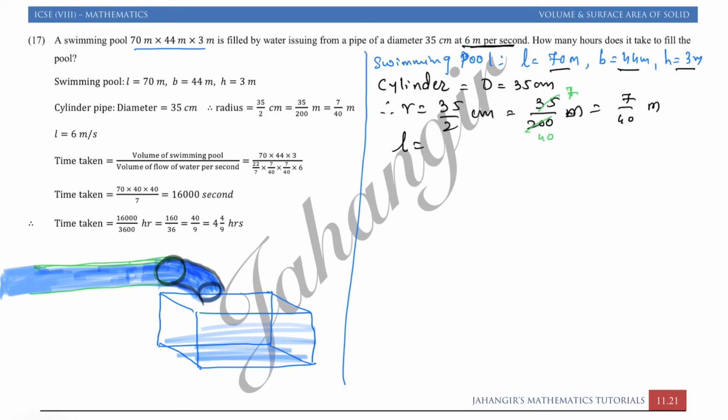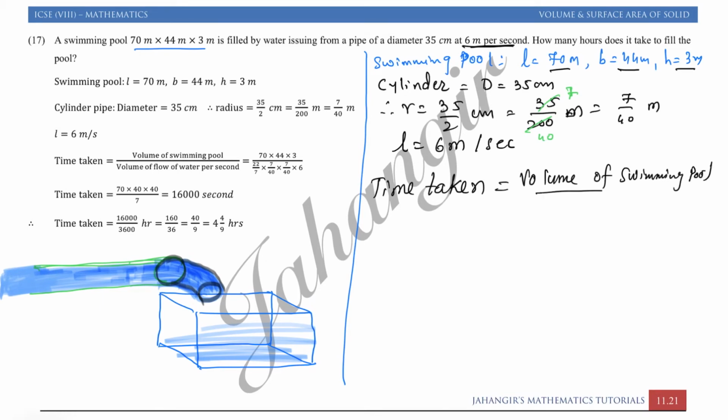So we can take it as a length because when water runs, it is a length covered by the water, that is 6 meter in 1 second. So now we have to find how much time it will take. So we will write time taken is equal to total volume to be filled, that is volume of swimming pool, upon volume of flow of water per second.